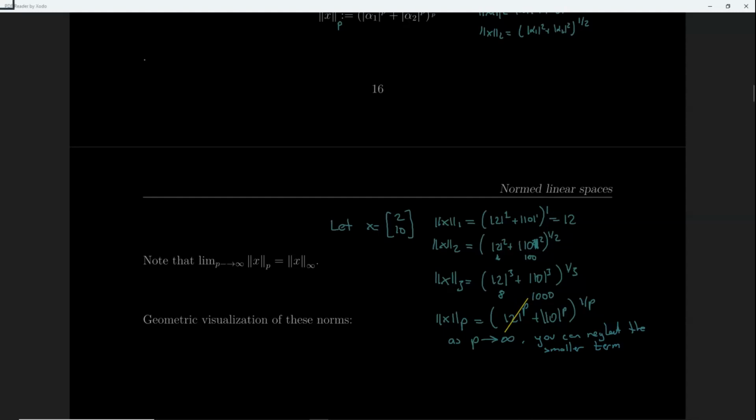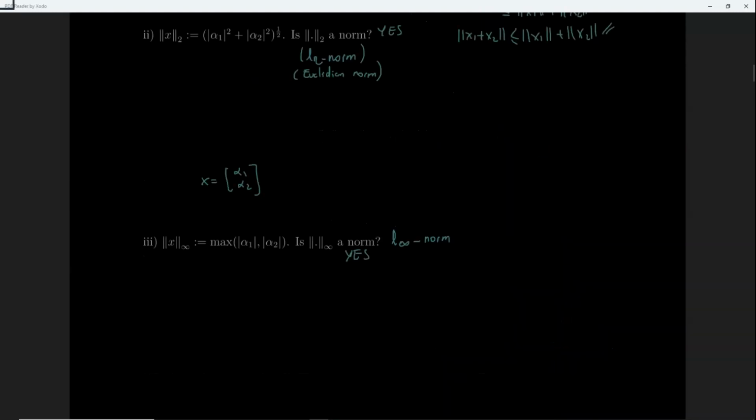Then you get the absolute value of the larger term. Therefore, the infinity norm of that x is the maximum value of the absolute values of the entries.